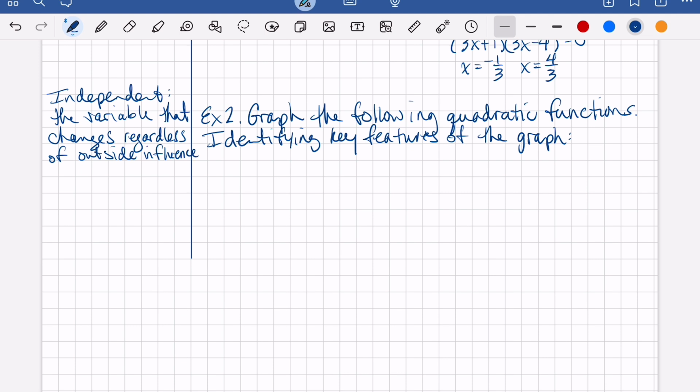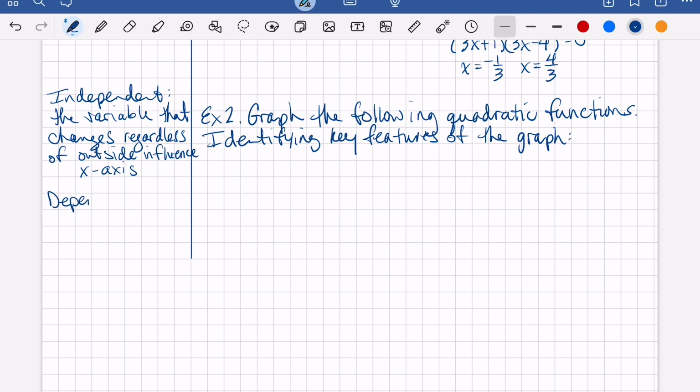This means that this is the one that you usually have in the actual function. And this variable will always be plotted on the x-axis.